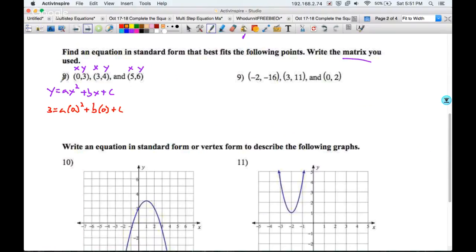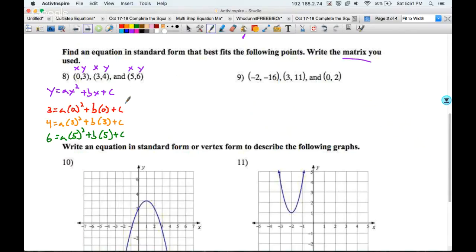That's after I plug that first point in. The second point would give us 4 equals a times 3 squared plus b times 3 plus c. And that third point would give us 6 equals a times 5 squared plus b times 5 plus c.